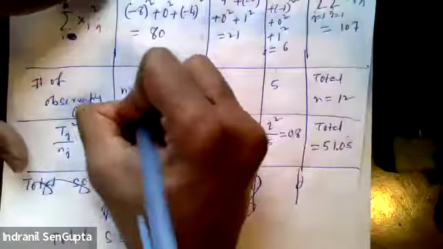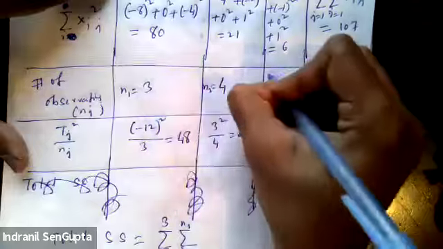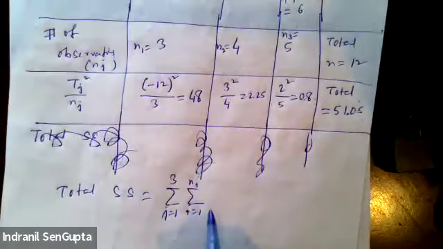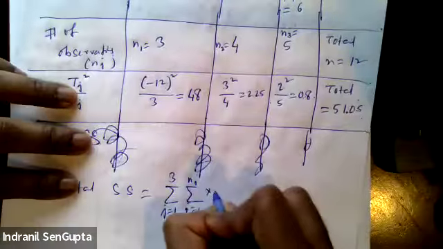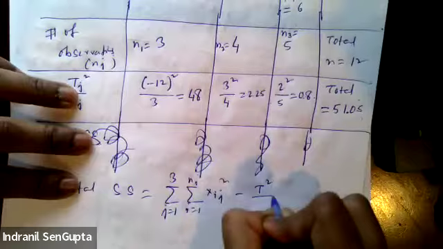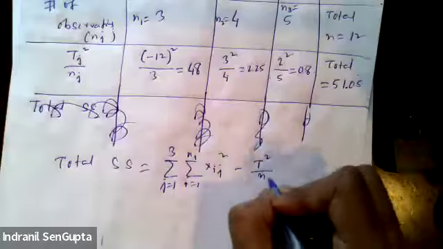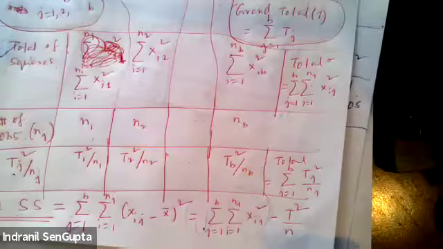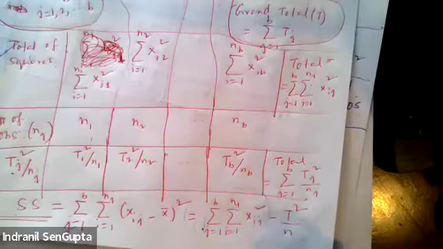Since it's important, note that it's n1, n2, and n3. So this is x_ij squared minus T squared over n. I'm just writing this formula. How do I get T squared over n? It should be obtained before. So what is this T squared over n?